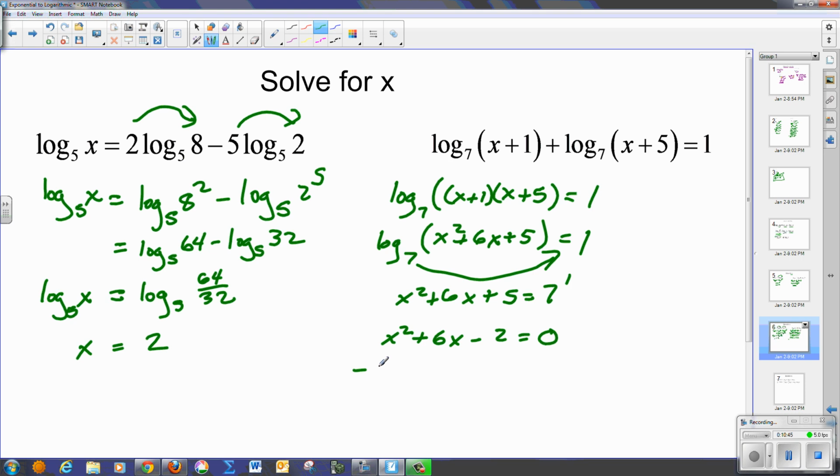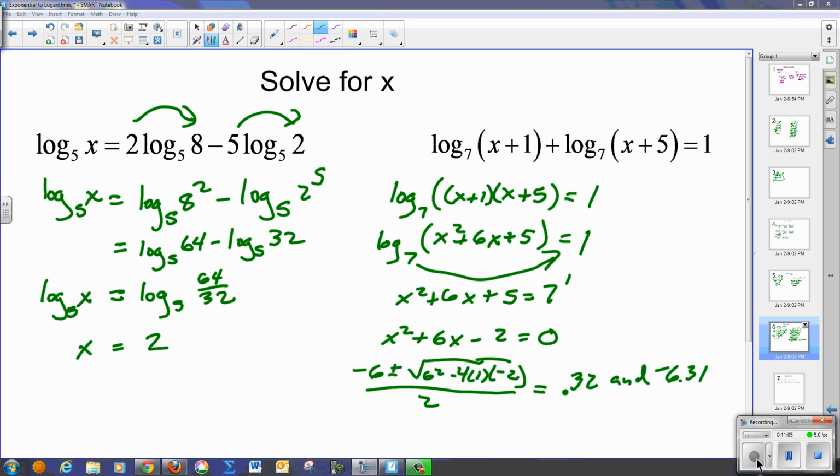So we have negative 6 plus or minus the square root of 6 squared minus 4 times 1 times negative 2, over 2. This should get me two answers. Those two answers are a positive 0.32 and a negative 6.35.